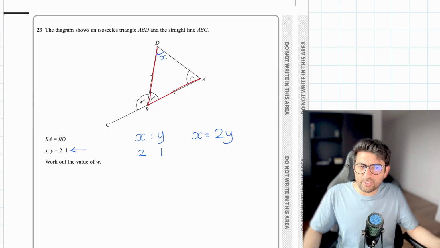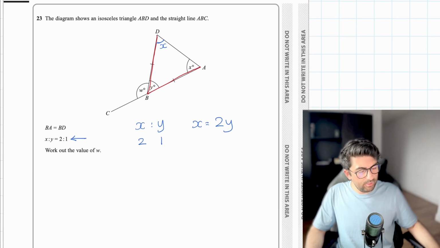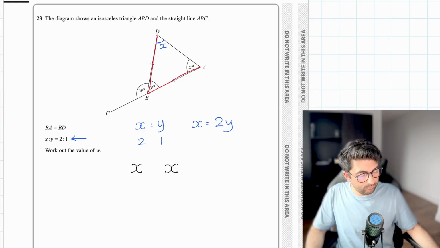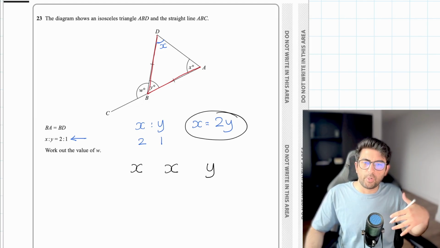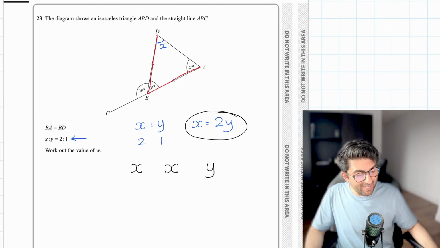Okay, so inside that triangle, I have 2 x's and 1 y. So I've got an x, another x, and a y. But what did we say? We said that x is equal to 2y. So I can replace these x's with 2 y's.